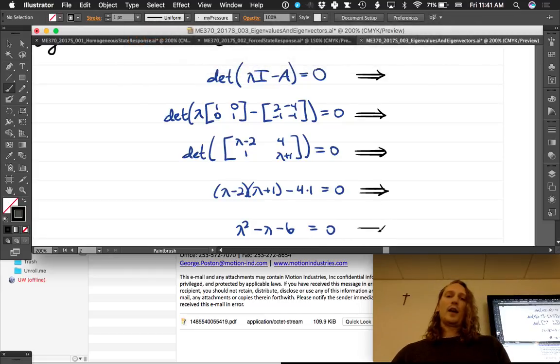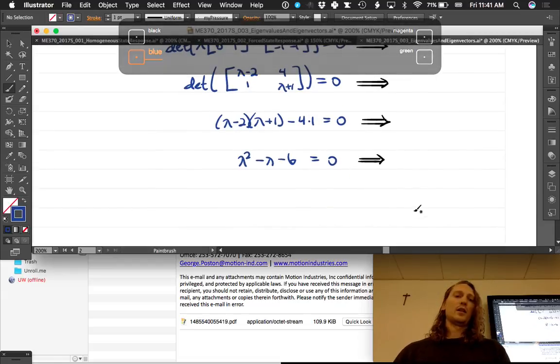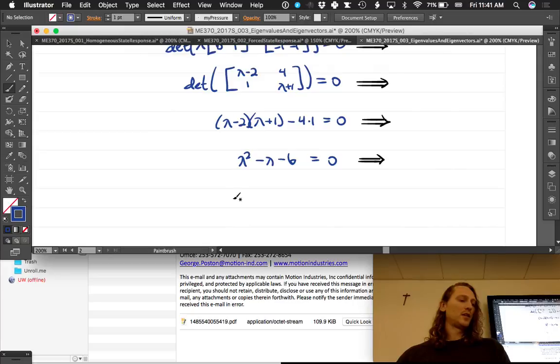And solving that, I would recommend just the quadratic formula, but you can try to factor and stuff if you want. I don't even think about it. I just go straight to the quadratic formula. So I say lambda equals, so help me out with the quadratic formula. Negative negative 1, so it's 1.